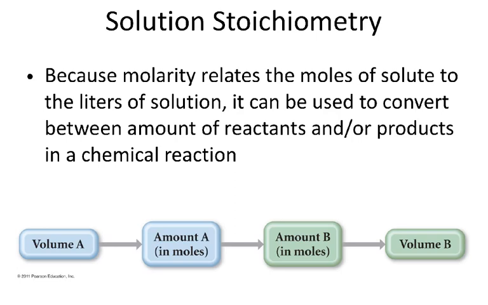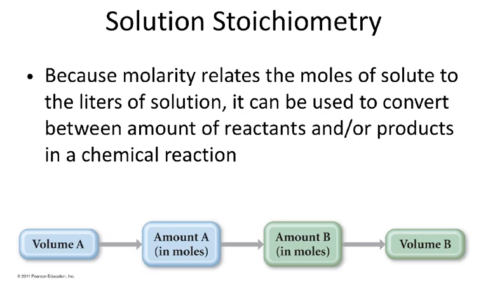All right, we can also, because molarity relates moles to liters, use it in chemical reaction stoichiometry as well. So we don't have to go from grams to moles to moles to grams.